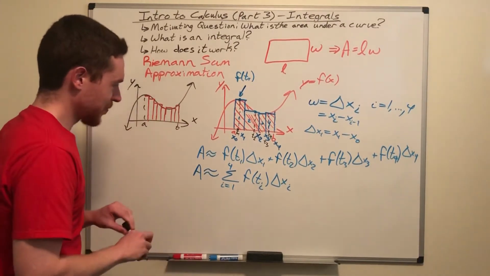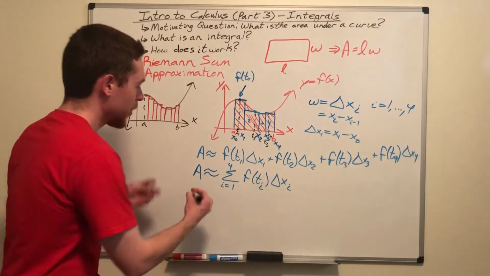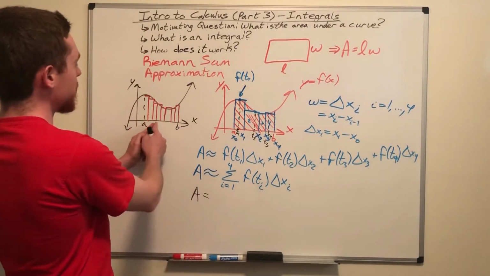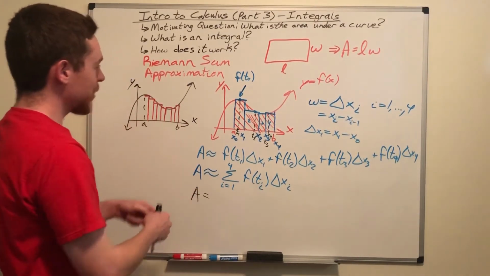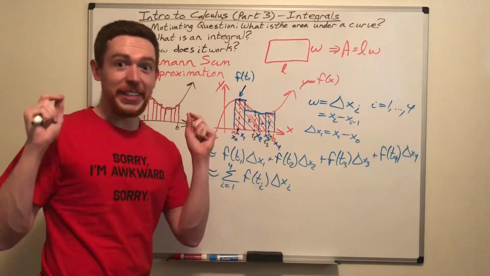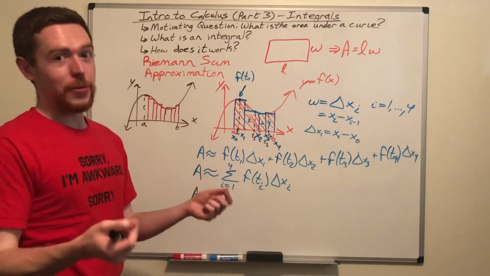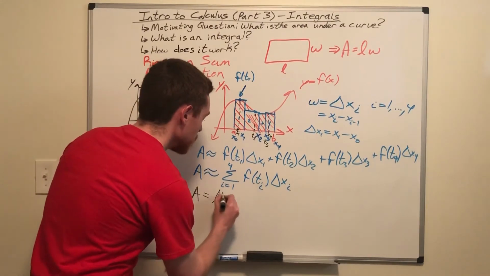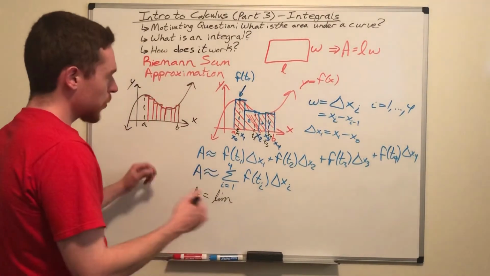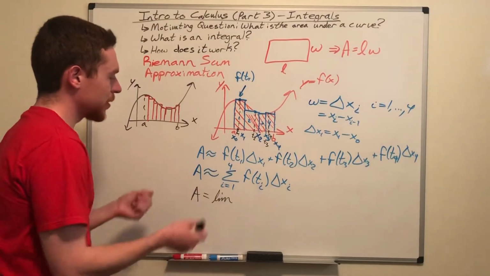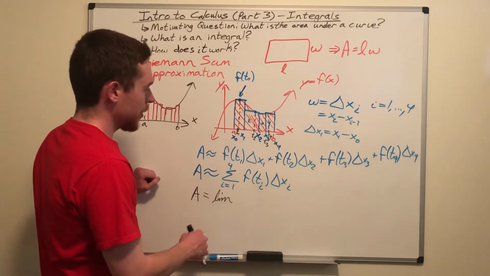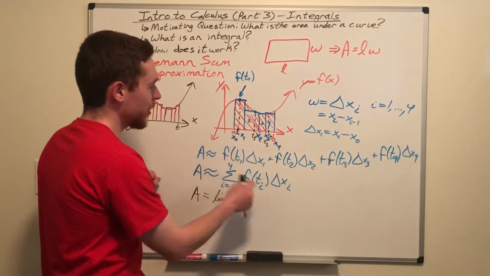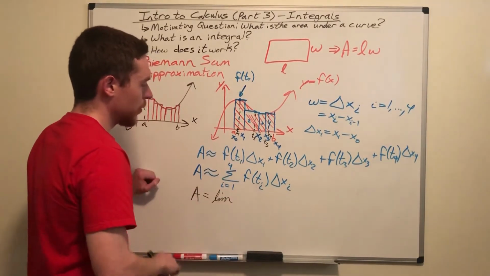And so what we're going to do is formalize that idea: if we could have an infinite number of rectangles there, we would have the exact area. How do we do that? We do that with a limit. There are a couple different ways to write this down. One is to require that the number of rectangles goes to infinity and that the widths go to 0.